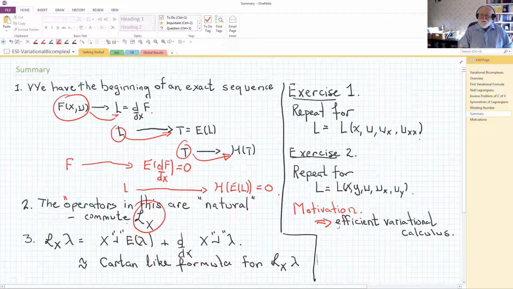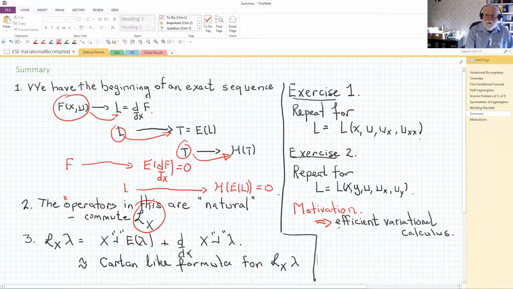The third conclusion from our little introduction is that the Lie derivative of a Lagrangian looks very much like the Cartan form for Lie derivatives of differential forms. The Lie derivative of the Lagrangian became a hook, an interior product, of the Euler-Lagrange operator.